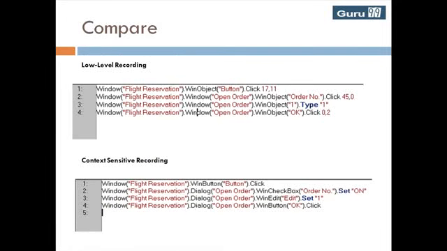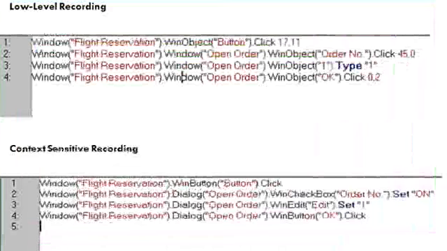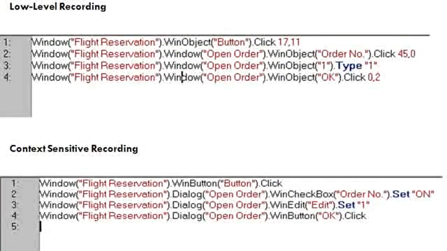If you record the same 4 steps in context mode and compare it with the low-level recording mode, you will observe that low-level recording mode uses only Window and WinObject, whereas context sensitive uses Dialog, WinCheckBox and many other objects. Also, low-level recording mode stores the X and Y coordinates of any clicks, while context sensitive does not record the same.